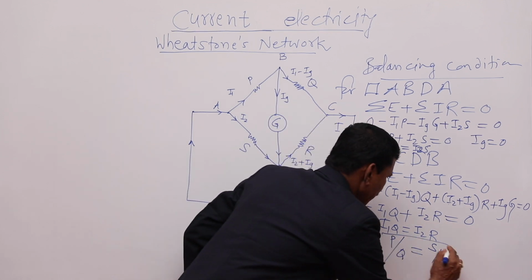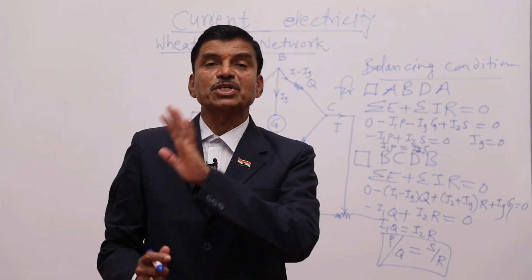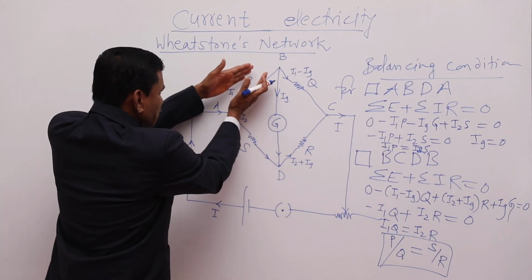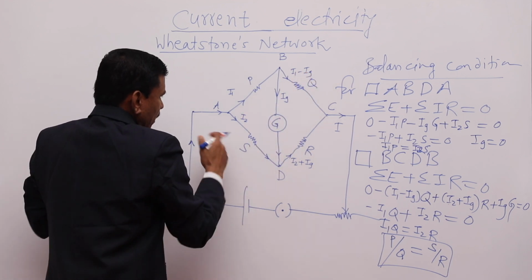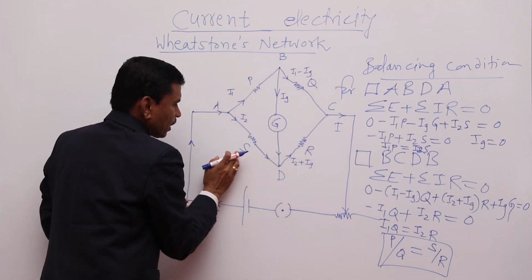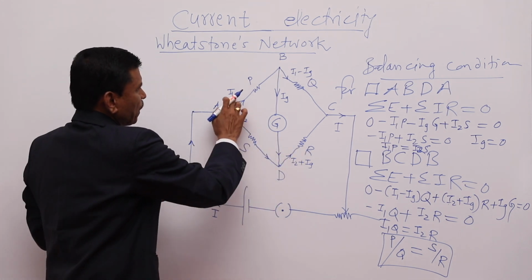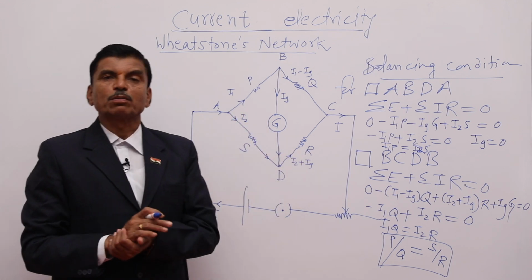So this is the balancing condition. This is a condition between the four resistances. If the ratio of resistance P to Q is the same as the ratio of S to R, then the network is said to be balanced.